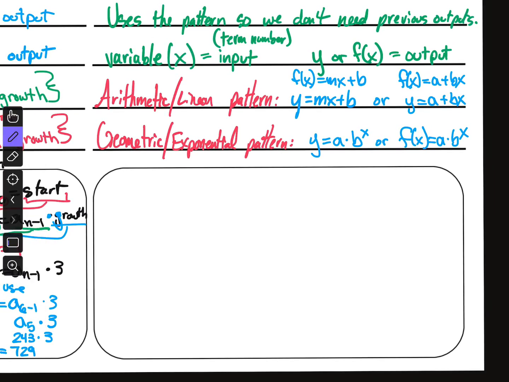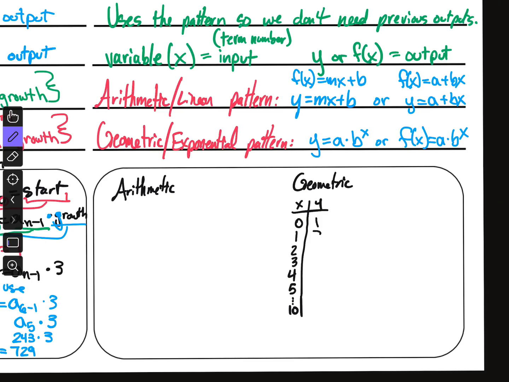So we're going to follow that same setup we did on the other side. So we have an arithmetic. We have a geometric. We're going to have a pattern here, or a table. This time geometric will be x and y. Those 3 dots mean there's stuff going on that we are not showing.